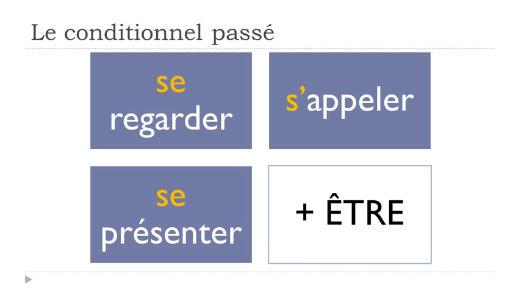So they will use être for this conditionnel passé form, but then they are exactly the same verbs, you know, as we saw for the passé composé, so it is always the same rule. So all the reflexive verbs will require être at the conditionnel passé.